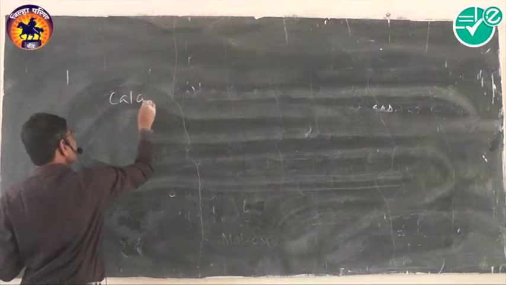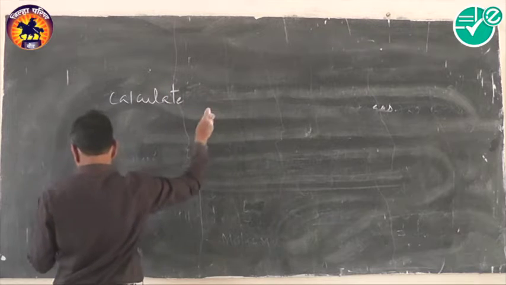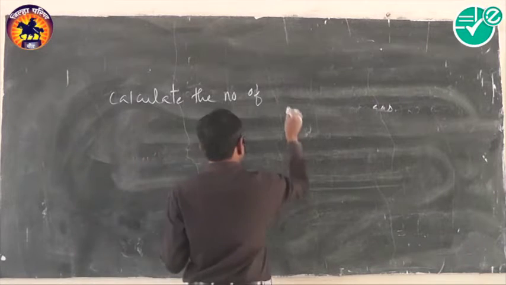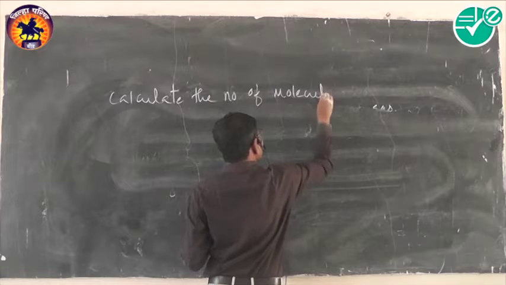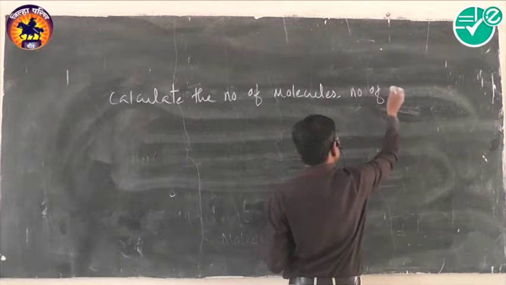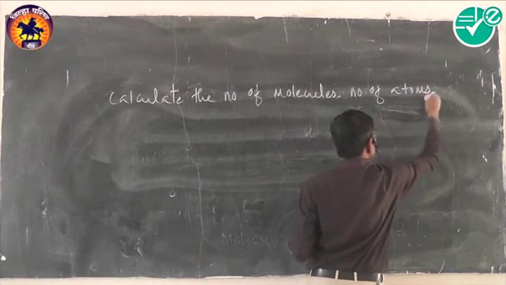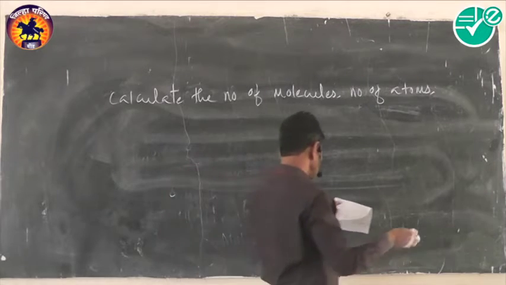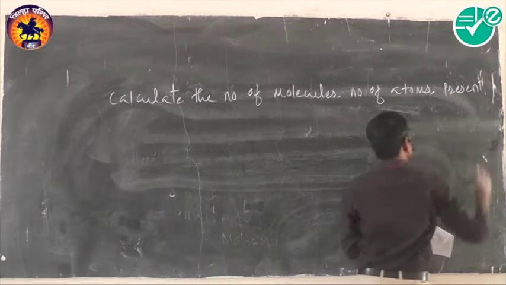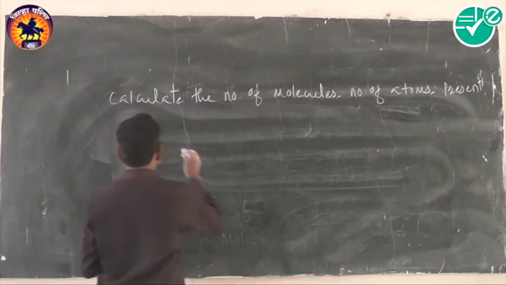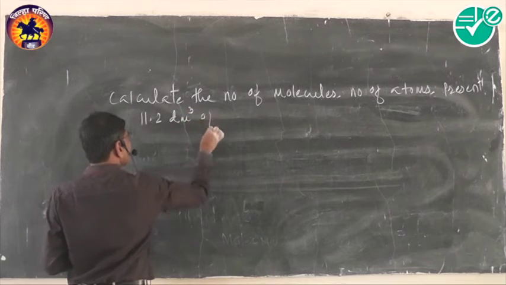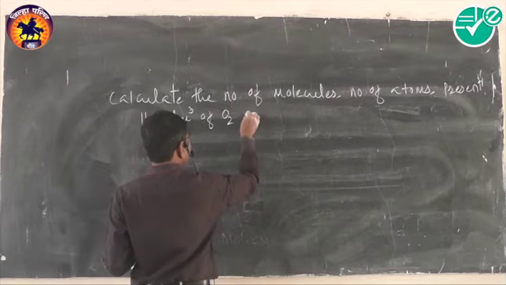Calculate the number of molecules, number of atoms present in 11.2 decimeter cube of oxygen at STP.